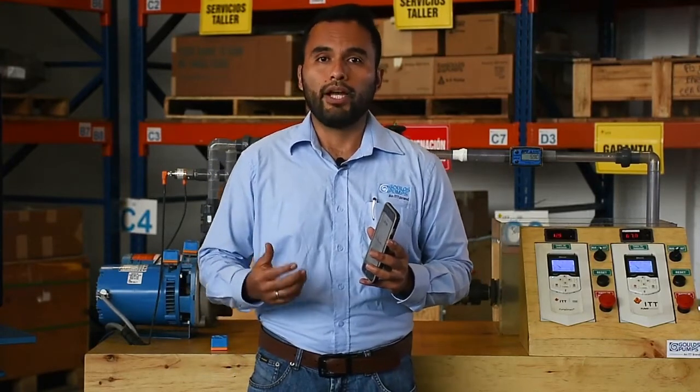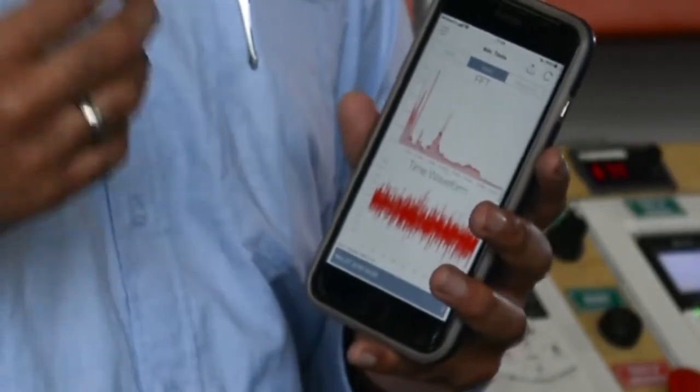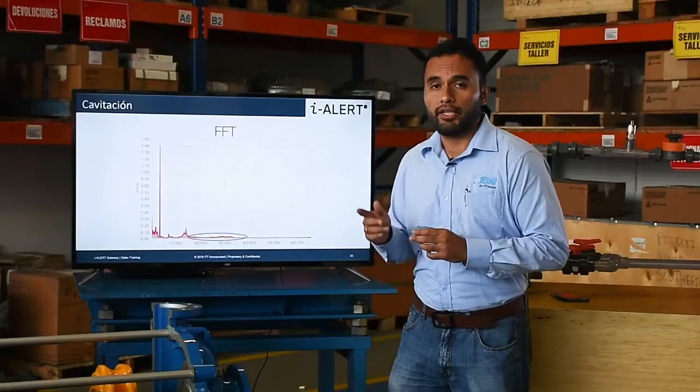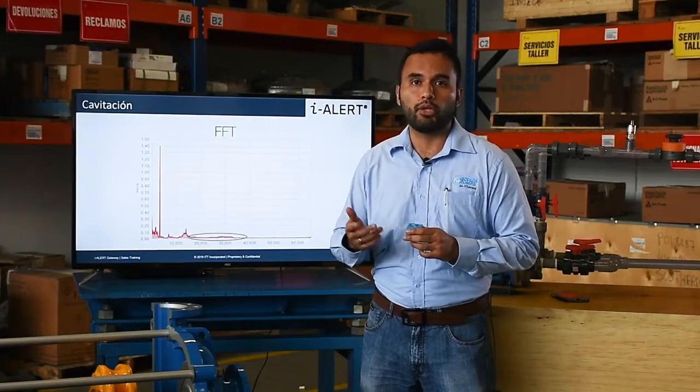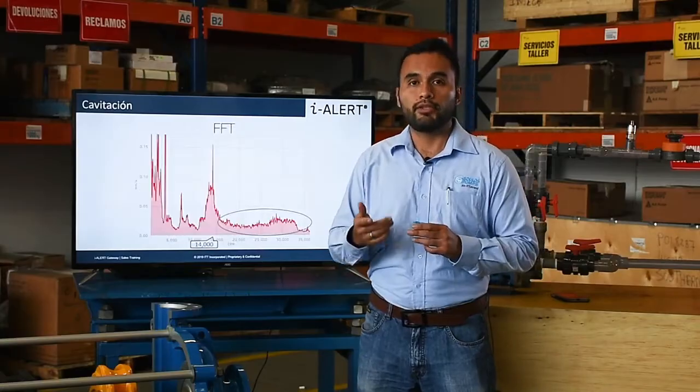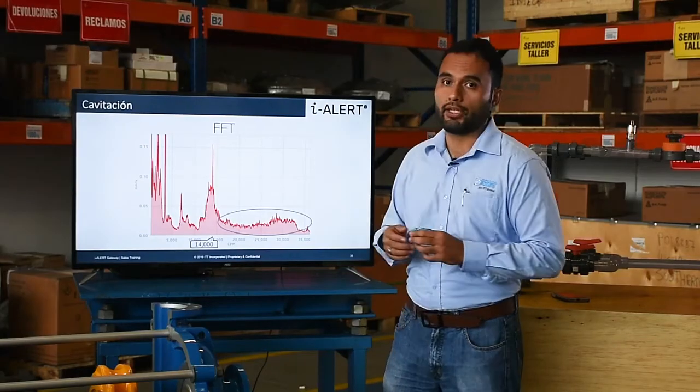One would expect to find amplitude at different frequencies, typically higher than the vane pass frequency. Indeed, the FFT we take shows a profile similar to a mountain range between 15,000 and 33,000 CPM, in this case with amplitude of up to 0.04 millimeters per second.